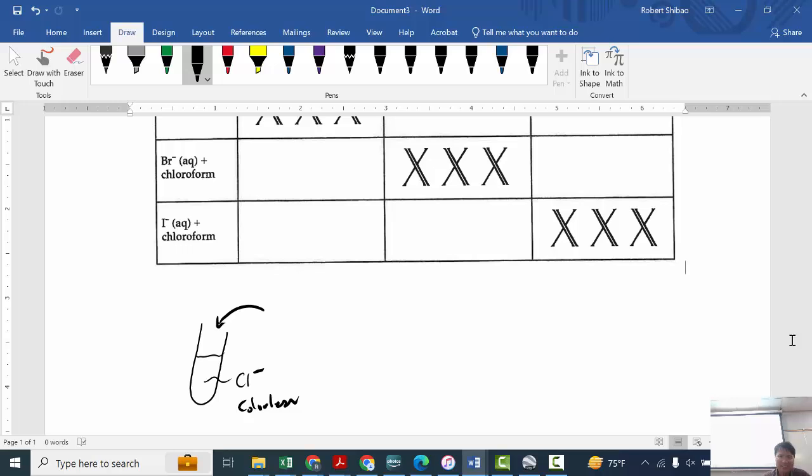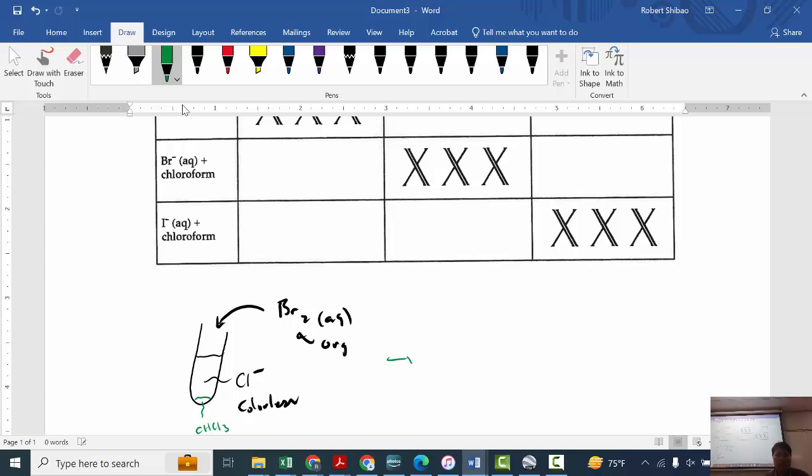Then we're going to add some bromine water. Bromine water is kind of light orange or orange color. And then we're going to add some chloroform, just a little bit of chloroform down here. And then we're going to shake this up.